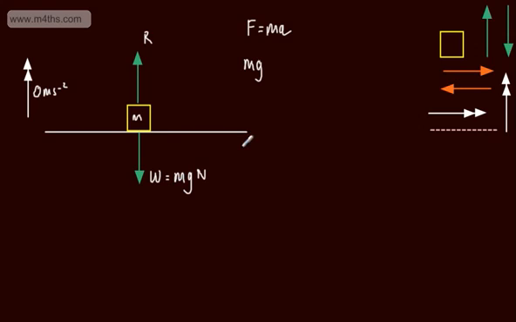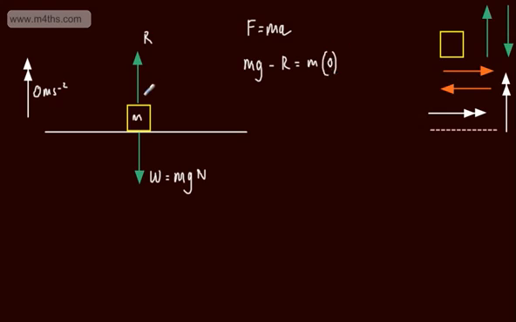As I push down now, the normal reaction, which is perpendicular to this surface, is pushing back up. So I can say mg minus R will be equal to the mass times acceleration. On the left hand side I've got the forces, and on the right hand side I'm going to have m multiplied by 0.